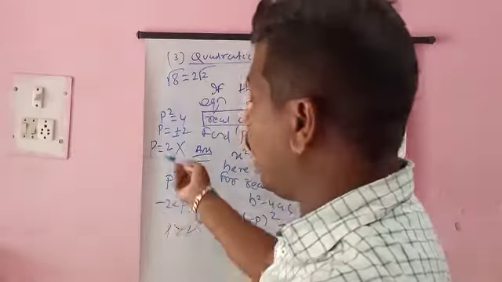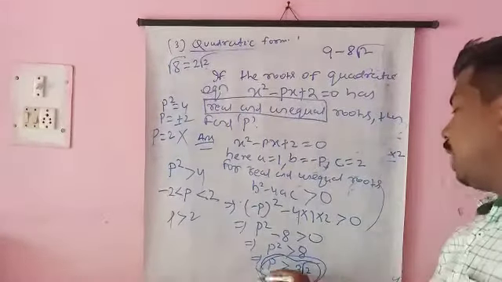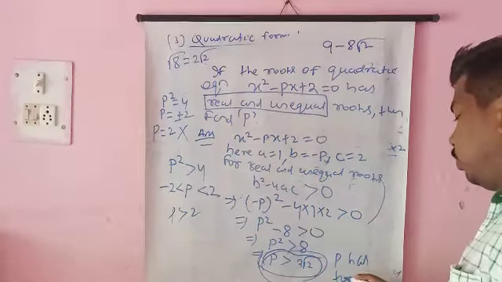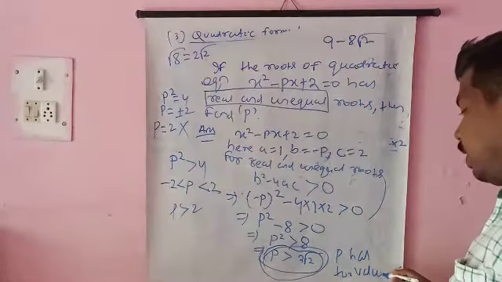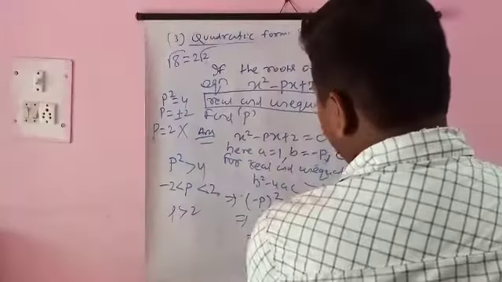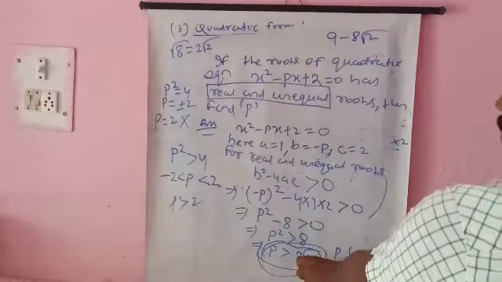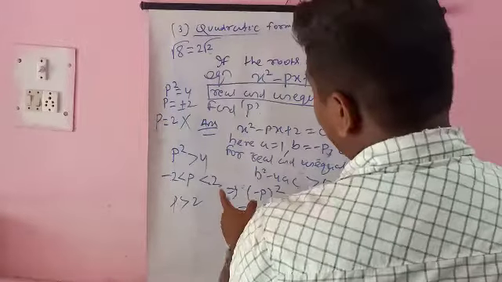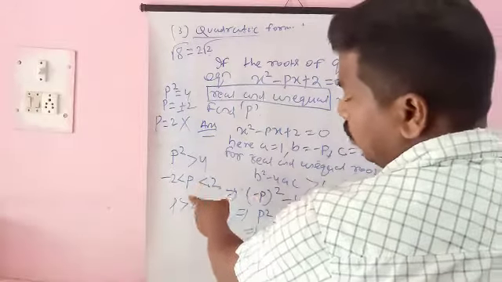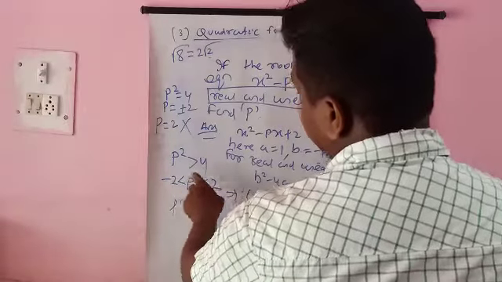One is greater than, another is less than, so we get two values of p here.